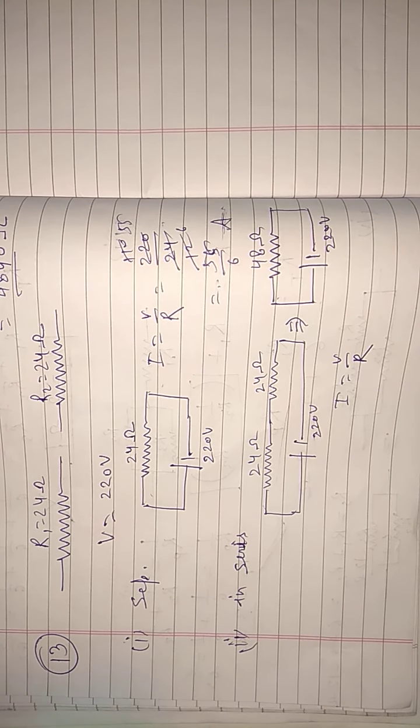Okay, now come to question number 14. Compare the power used, power means P, in 2 ohm resistors in each of the following circuits. First is a 6 volt battery in series with 1 ohm and 2 ohm resistance.